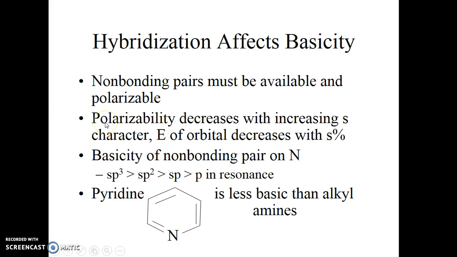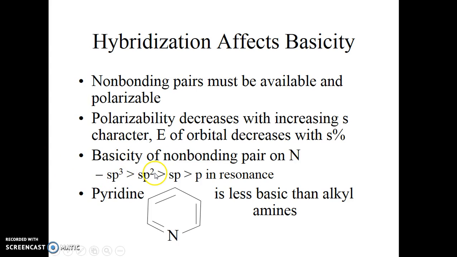So when we look at hybridization, when you have a lot of s character, that pulls the non-bonding pair in closer to the nucleus, and it makes it less available, basically. And the energy of the orbital decreases also, which makes the electrons less available. So anything with more s character in the hybrid orbital that's holding the non-bonding pair has less basicity. So let's look at the hybridization.